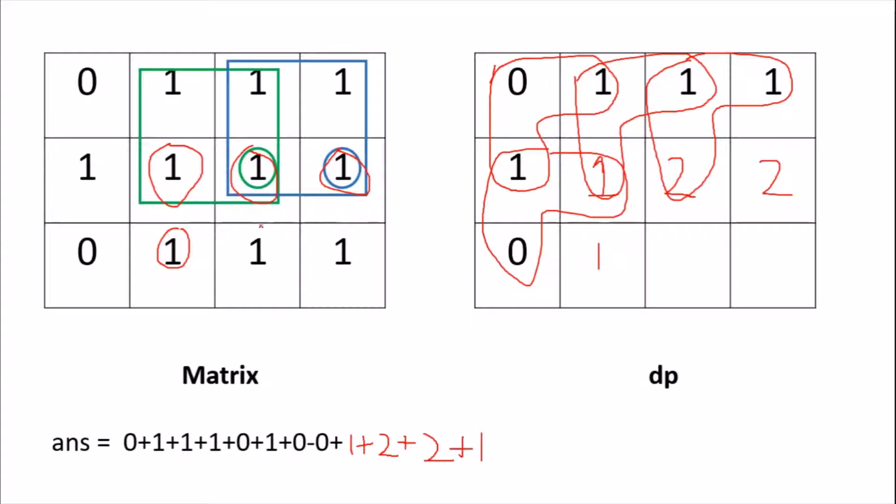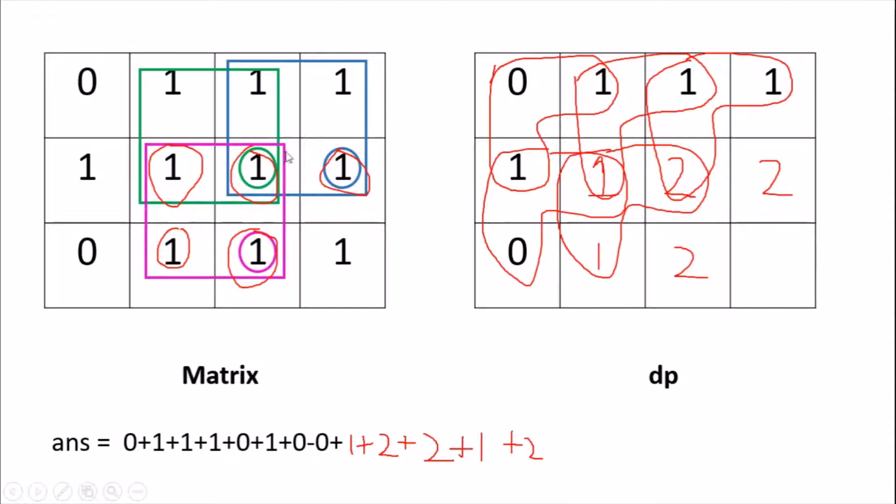Now we move on to this element. We check the minimum of these three, that is 1. We add 1 to it, store it here and add it to our answer. So the number of square submatrices at this point is 2, one of size 2 and one of size 1 itself.